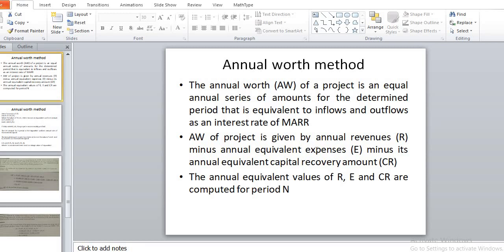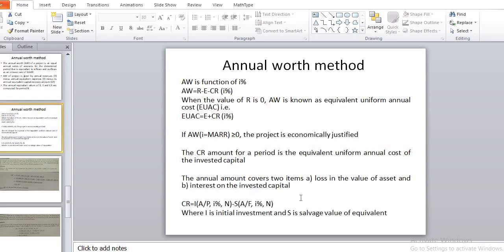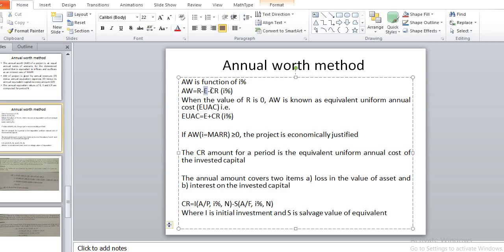These are calculated for a particular period n. And we can write this mathematically as: annual worth is equal to annual revenue minus annual cost minus annual capital recovery. And these two terms, E and CR, annual expenses and capital recovery, combined we can consider as the equivalent uniform annual cost.